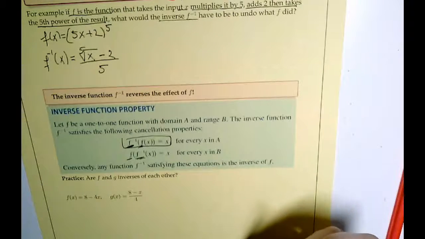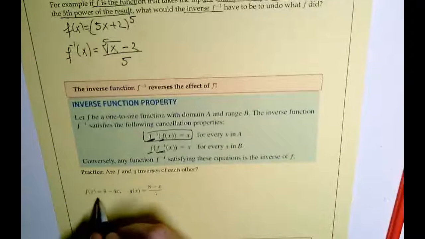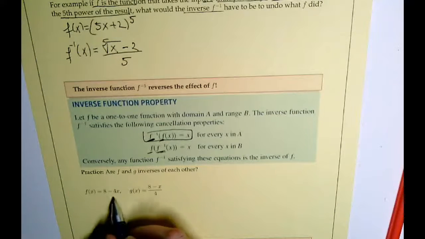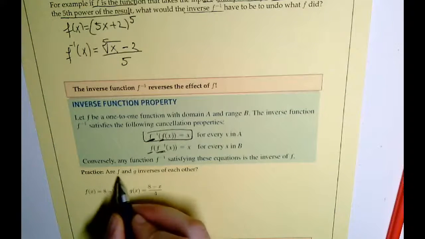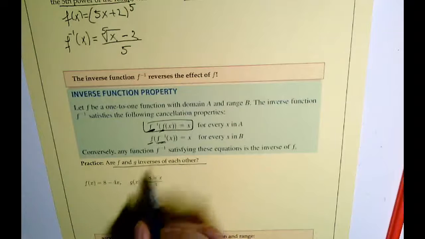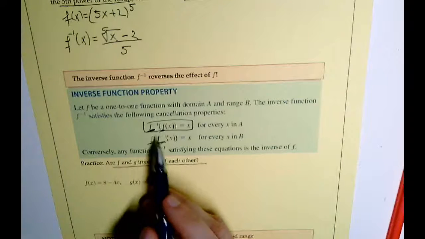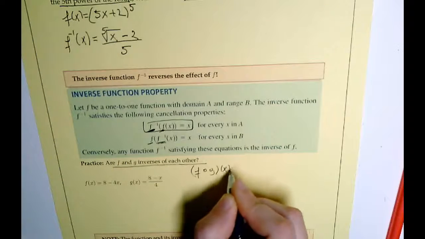Okay, so let's see. I have f of x equals 8 minus 4x and g of x equals 8 minus x over 4. Are f and g inverses of each other? So for them to be inverses of each other, they have to undo what the other does. So I must have that f composed with g of x is x.